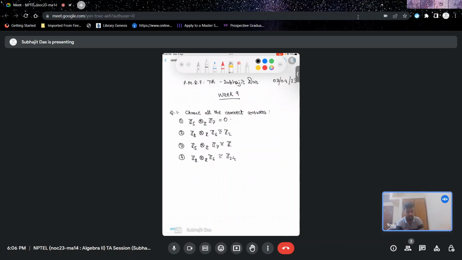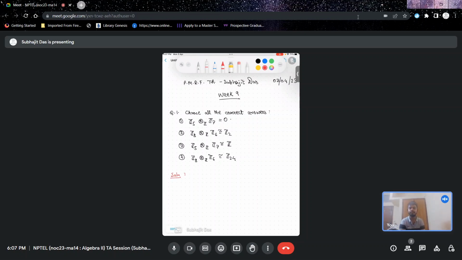This is our first question. We need to choose which of the following are correct. The modules being considered here are Z5, Zn, Z7, Z8, Z6. Z is a ring and Z5 is a module over the ring Z, that is, Z5 is a Z module.